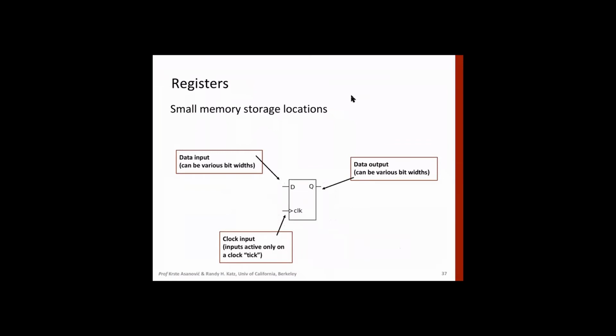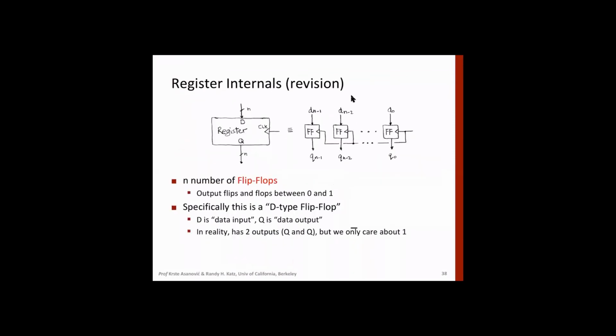For example, in a register, we can write something, and that will be the data input. Data output is where we are going to read something from the register. And then clock input, of course, there is a need for a clock, and so on. This is a very simple design of a register using multiple flip-flops.